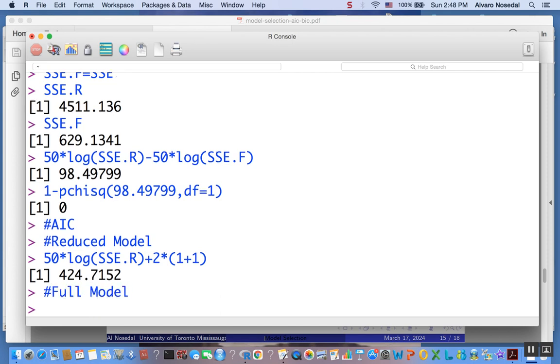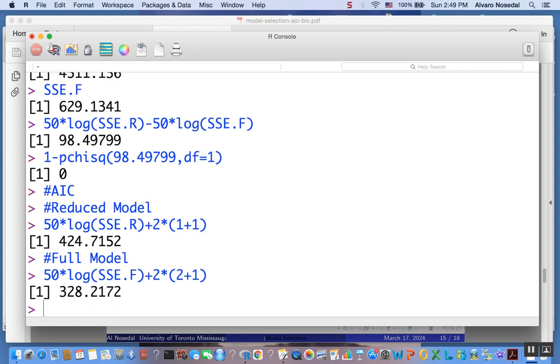Let's do the same for the full model. So in that case, it's going to be 50 times natural log of the sum of squares of the error for the full model plus 2 times, this time for this more complicated model we have 2 parameters, p equals 2, plus 1. So in that case we have 320.21 roughly.